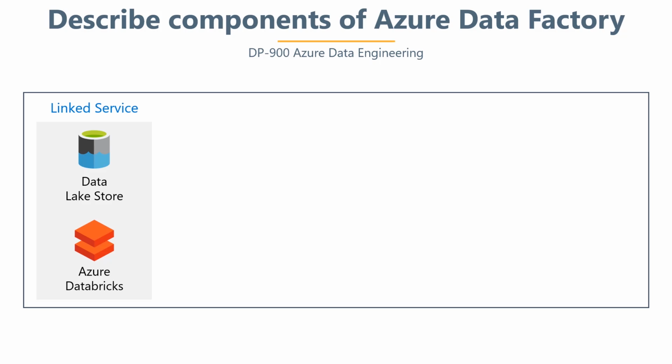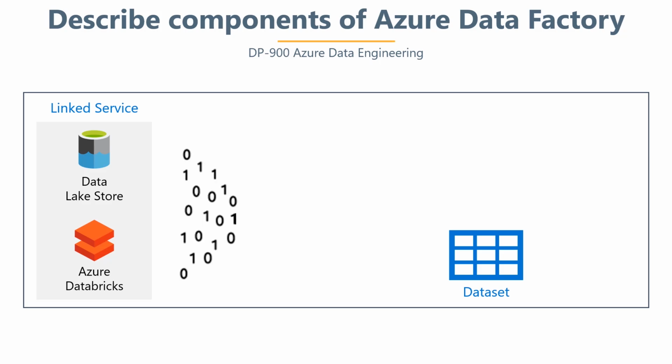This linked service will allow you to maintain a connection between these data sources and your data factory. After that, you have a utility called dataset, which allows you to refine the schema of the data you're going to process. This is that particular data which you have prepared from your raw data for further processing.